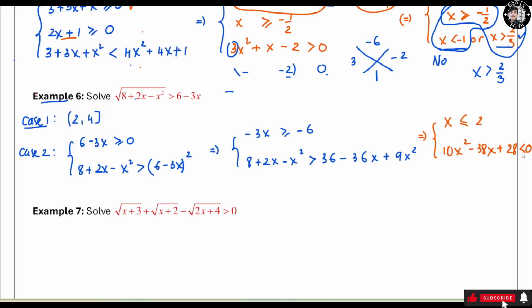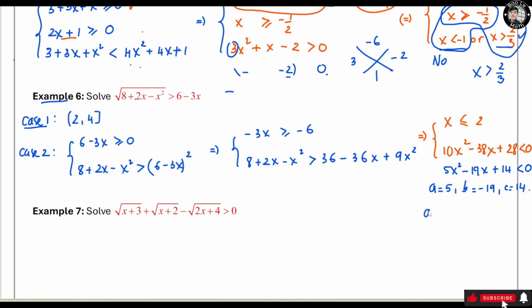Now for the second inequality right here, I just divide both sides by 2. So it becomes 5s squared minus 19s plus 14 less than 0. Now I show you a trick to solve this inequality faster, right? A equals 5, B equals negative 19, and C equals 14.